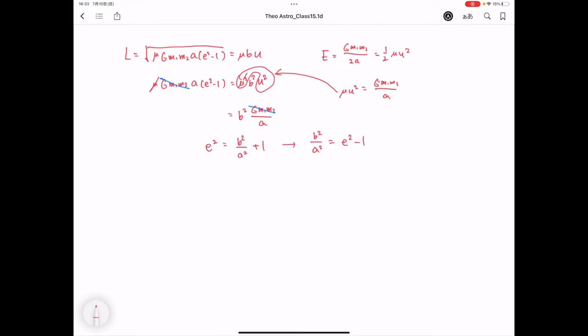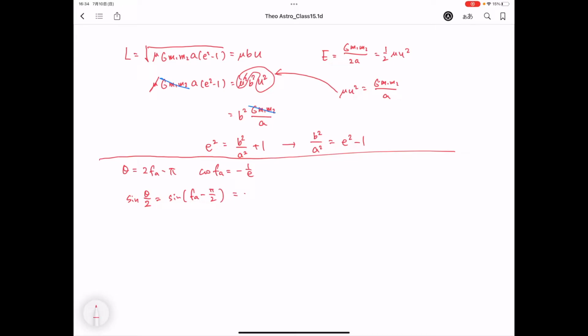Then we would like to express sine theta over 2 and sine theta. For the case of sine theta over 2, theta is expressed as 2 f sub a minus pi, and you can also use cosine f sub a equals minus 1 over e. So sine theta over 2 is expressed as sine of f sub a minus pi over 2, which becomes minus cosine f sub a.